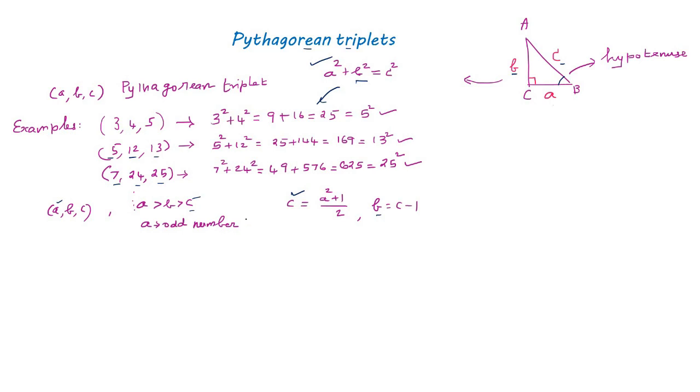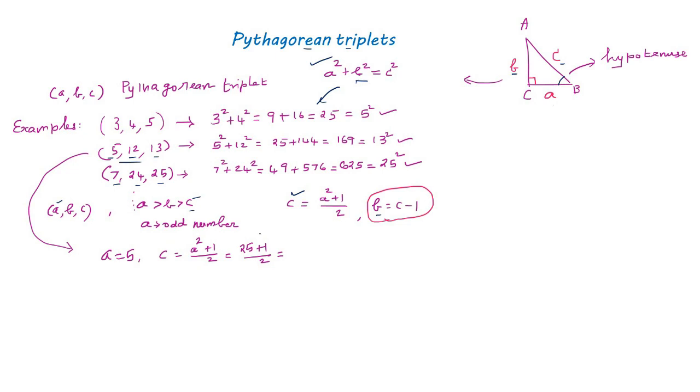We apply this method for, say, this triplet. Let's say a is 5, and b is equal to c minus 1. Take this example and apply that method. a is 5, then c is (a squared plus 1) by 2. This is a squared because we assumed a as 5.